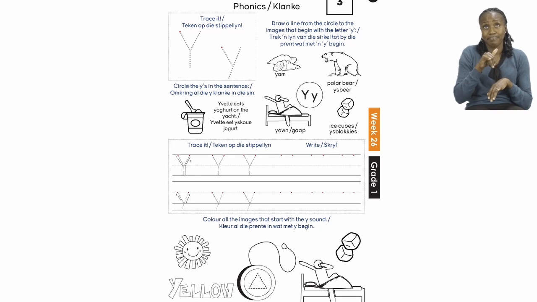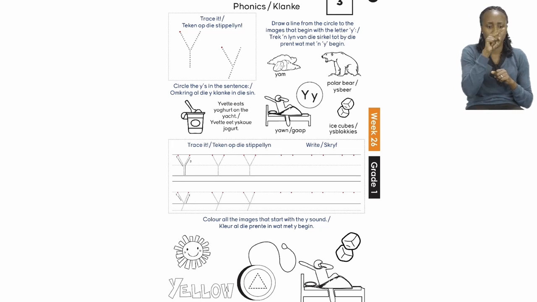Y. Well done! So what we're going to do is first trace the big letter Y and the small letter Y. After that, we have to find the things that start with Y and then connect them to the Y in the circle.